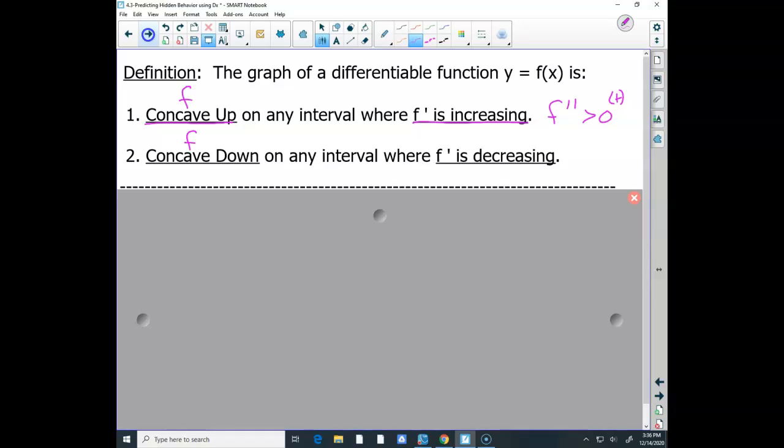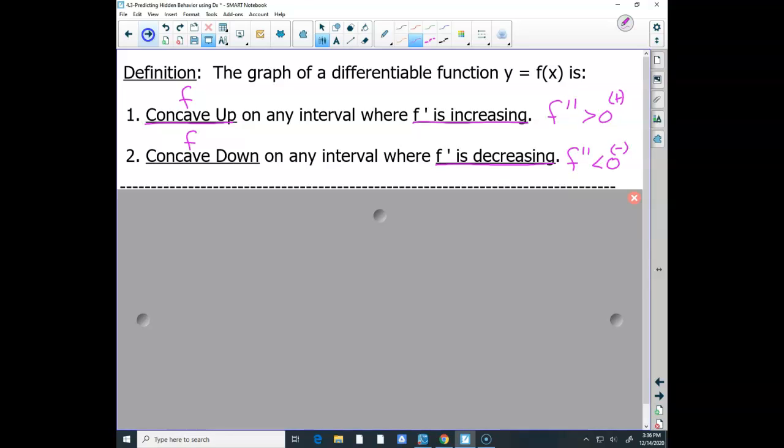And f is concave down on any interval where my derivative is decreasing. My tangent lines are getting less and less. That means f double prime is less than 0, or concave down, or negative, okay?